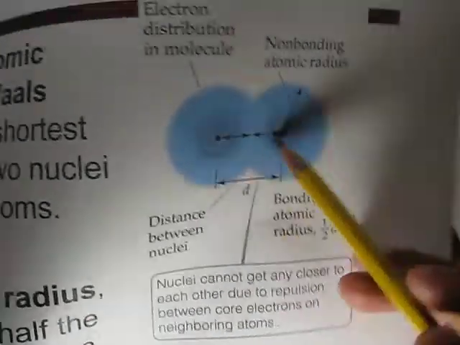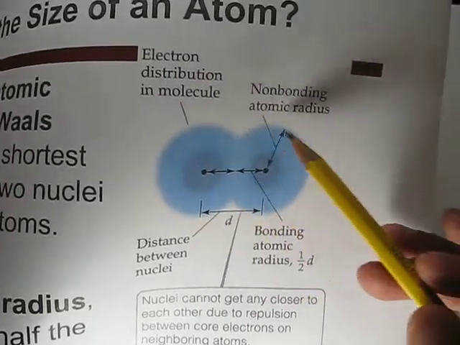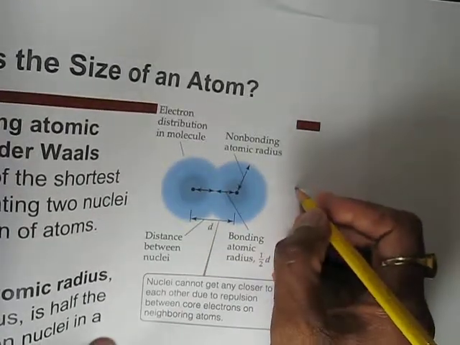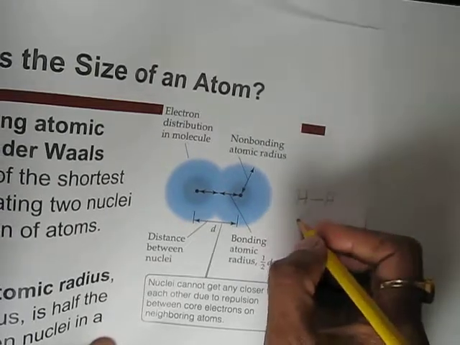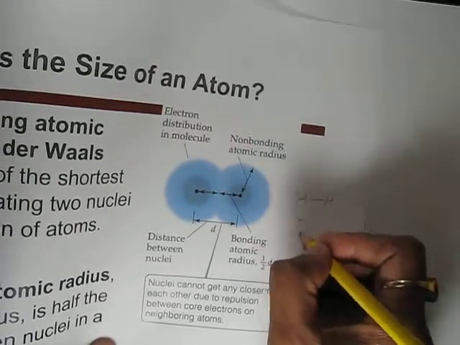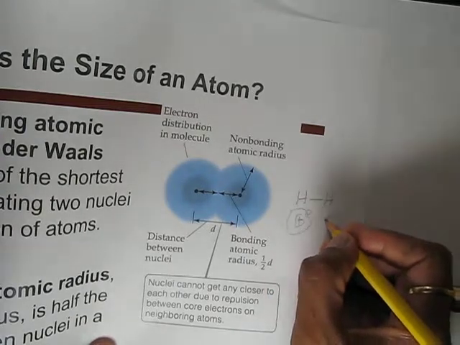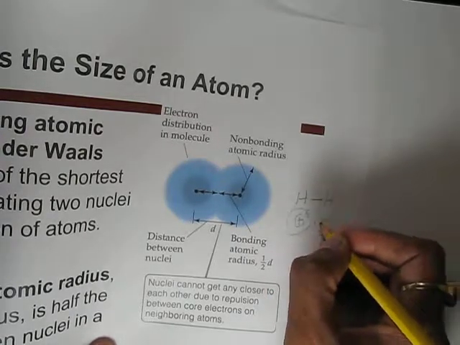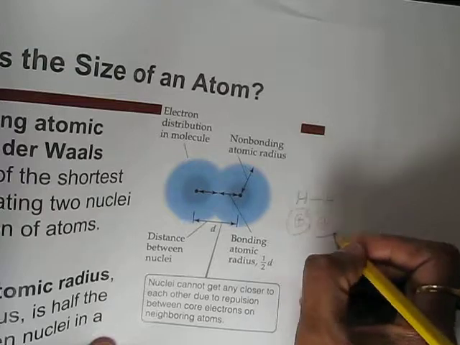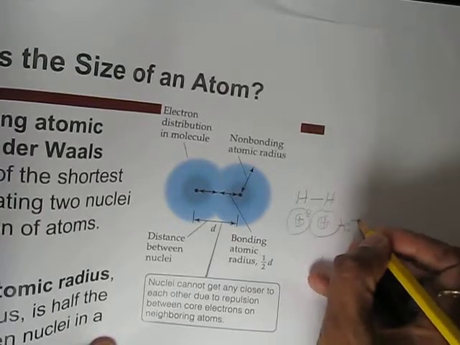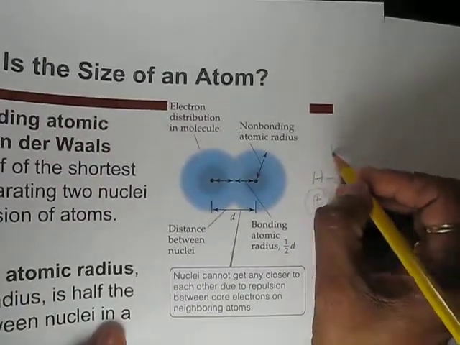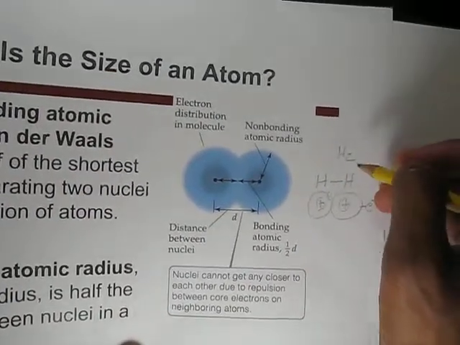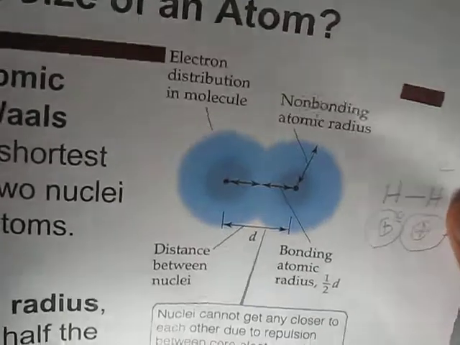This picture shows two atoms coming together. Let's consider two hydrogen atoms. Hydrogen has one proton and one electron, and another hydrogen also has one proton and one electron. Usually hydrogen is a diatomic gas, written like H2.